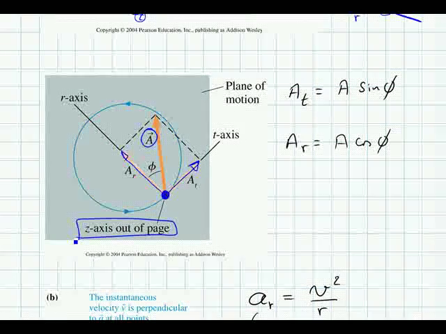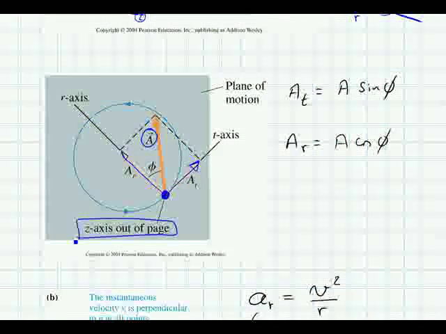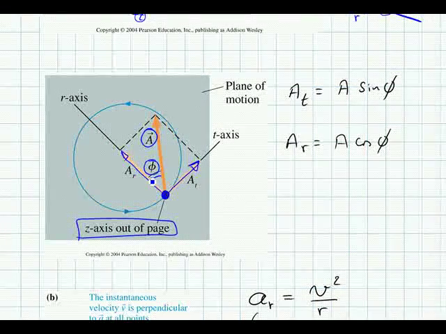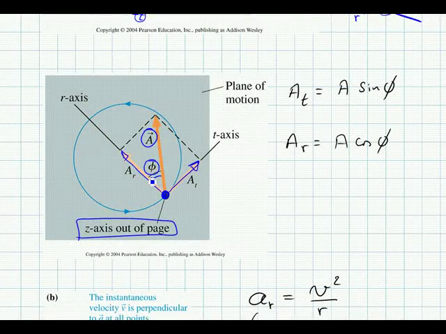Now, it is customary to define the angle that A makes with the RTZ coordinate system using the symbol phi, and it's always given with respect to the radial axis. That's customary. I'm not saying you have to do that, but that's what is done most commonly.